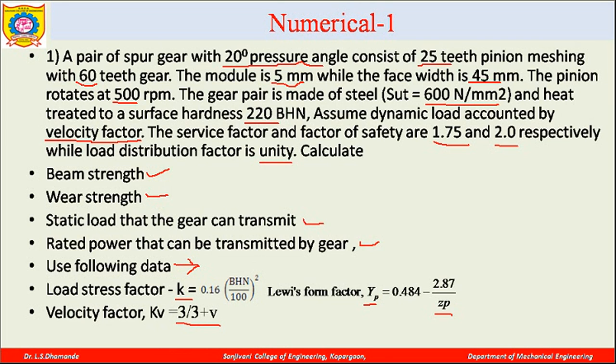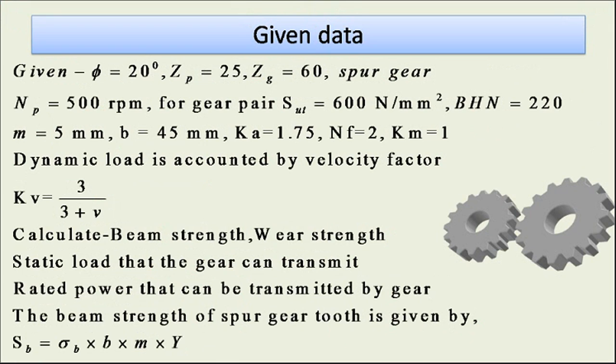So first thing is that we have to note down the given data carefully. As we have just now discussed, the pressure angle is 20, number of teeth on pinion is 25, number of teeth on gear is 60, while the pinion is rotating with 500 rpm, and this gear pair is having SUT of 600 Newton per mm square and BHN 220, while the module is 5 mm and the face width is 45 mm, and the application factor or service factor is 1.75. We are using notation Ka for this.